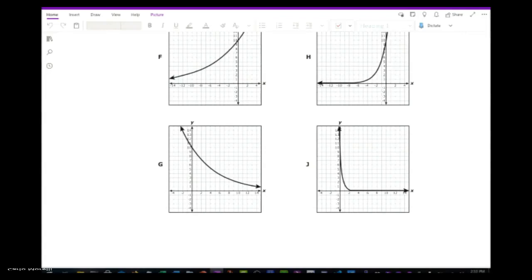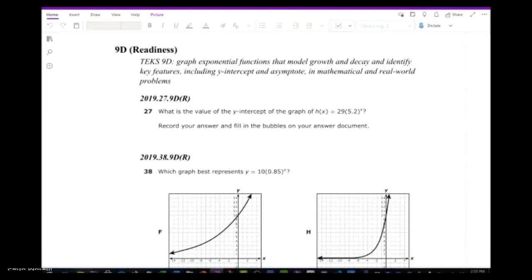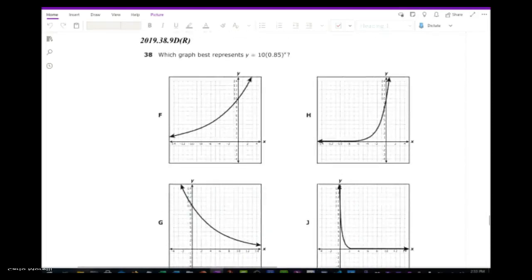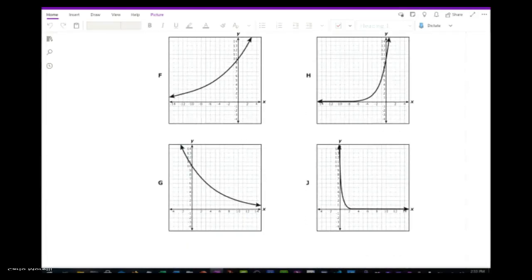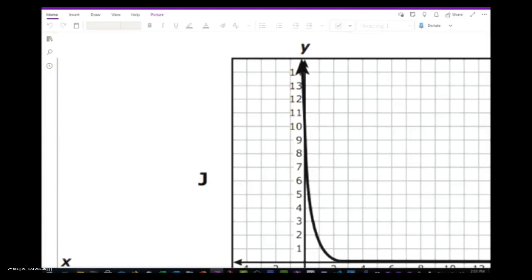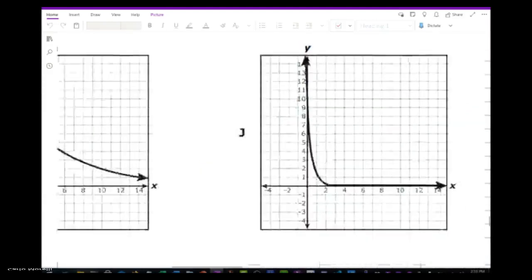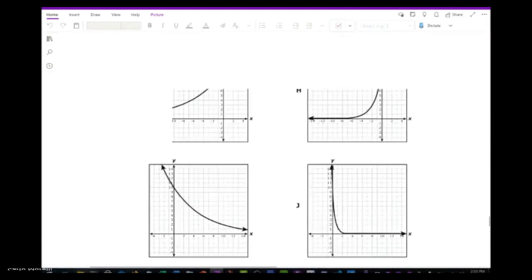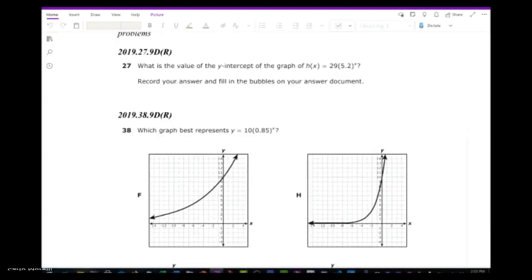It could be J, but between G and J, we know for sure it's crossing at 10 on G. If we wanted to know for sure if it was G or J, we'd have to actually put this into the calculator and look at the behavior of the graph, okay? I want to be super sure because it might not look like it to you folks, but that thing is crossing the y-axis at 10 in J. So we need to actually look and see what is the behavior actually happening.